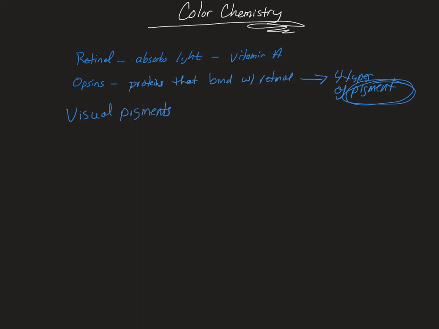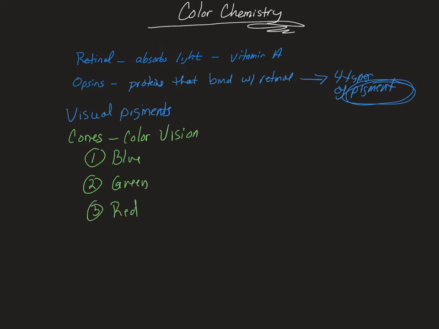So first of all, let's talk about color vision. With our cones, we get color vision. So we're going to have 3 types of cones: blue cones, green cones, and red cones, and each absorbs a different part of visual light.